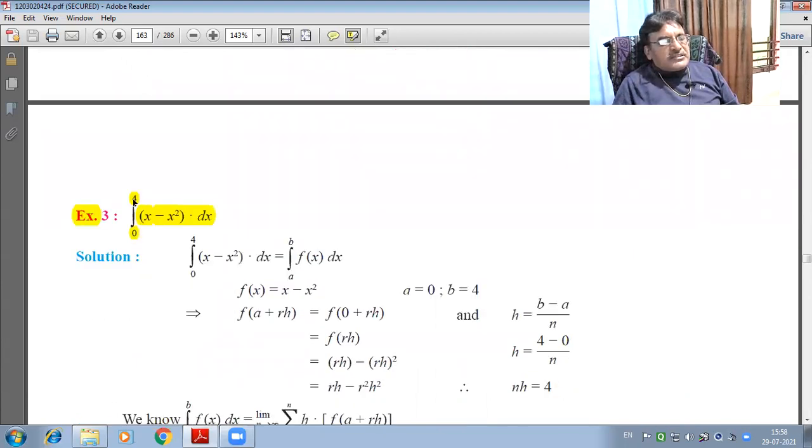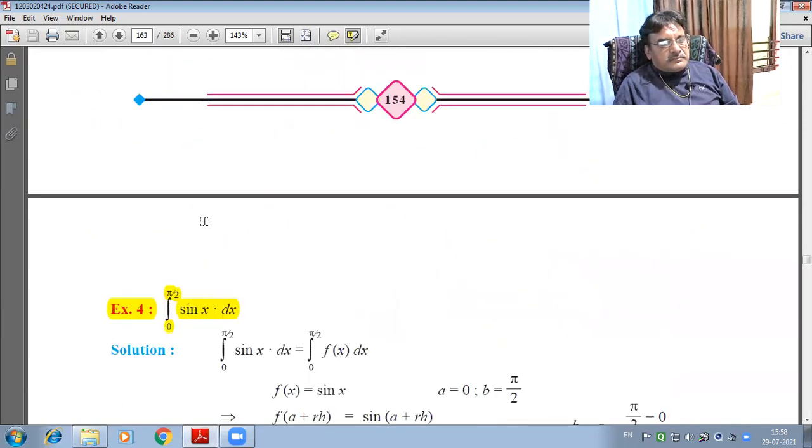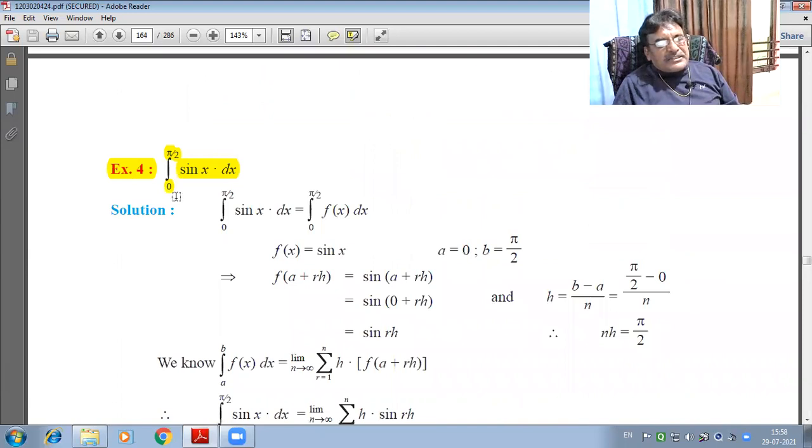Example 3, integration 0 to 4 of x minus x square into dx, is also deleted. Example 4, integration 0 to pi by 2 of sin x into dx, is deleted.